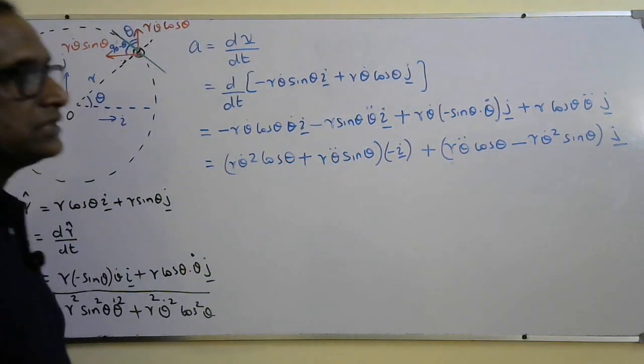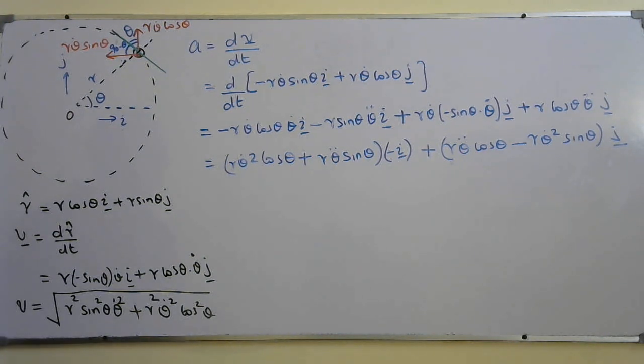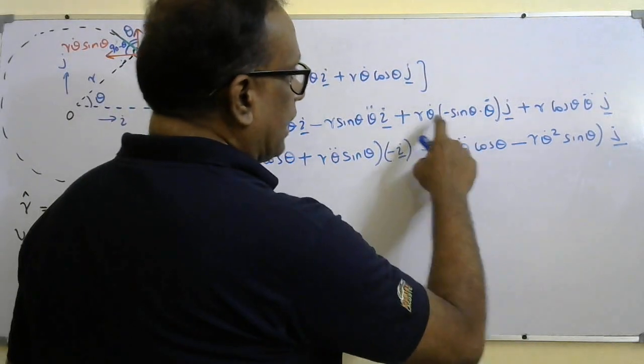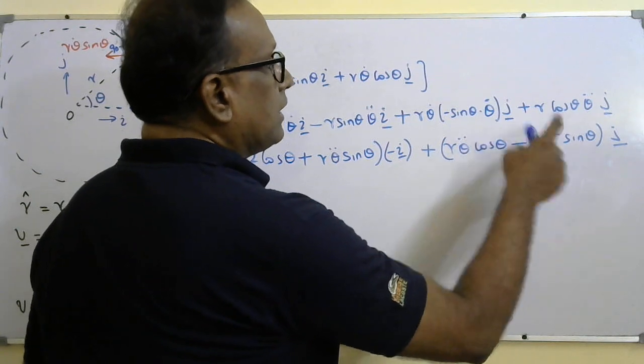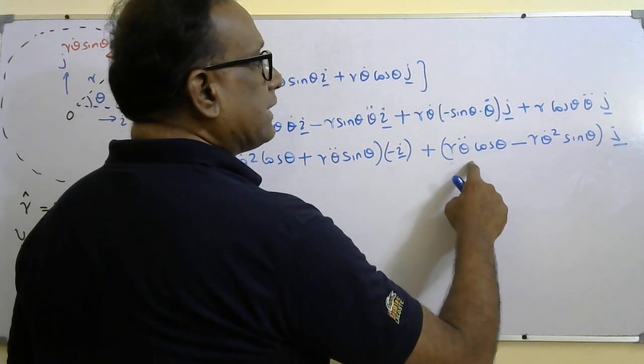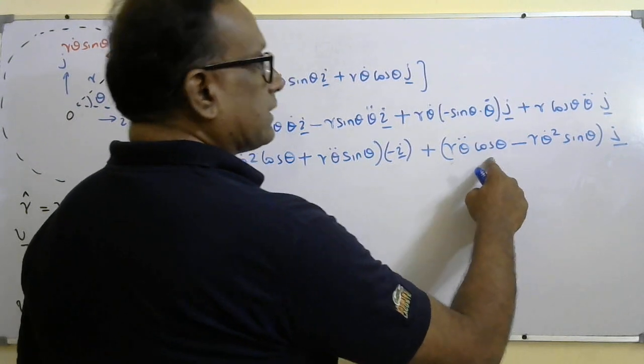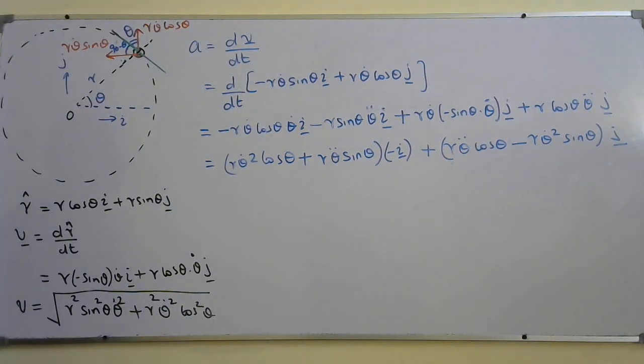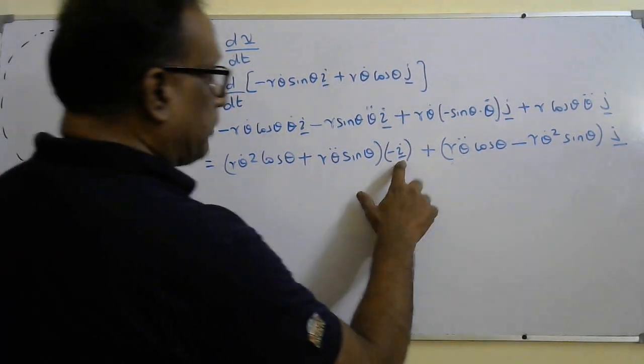I put the j in the positive direction. So the only thing is, this minus sign is here: minus r theta dot squared sine theta j. This one is positive, so r theta double dot cos theta. That is the positive direction. Okay, so this is in the minus i direction.